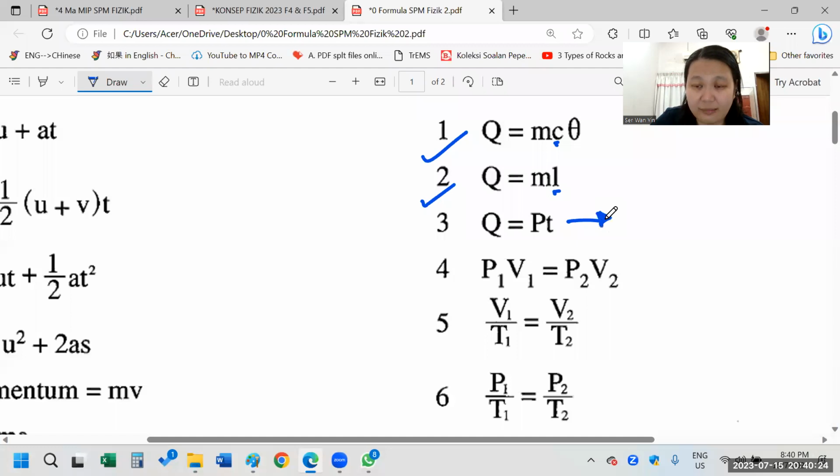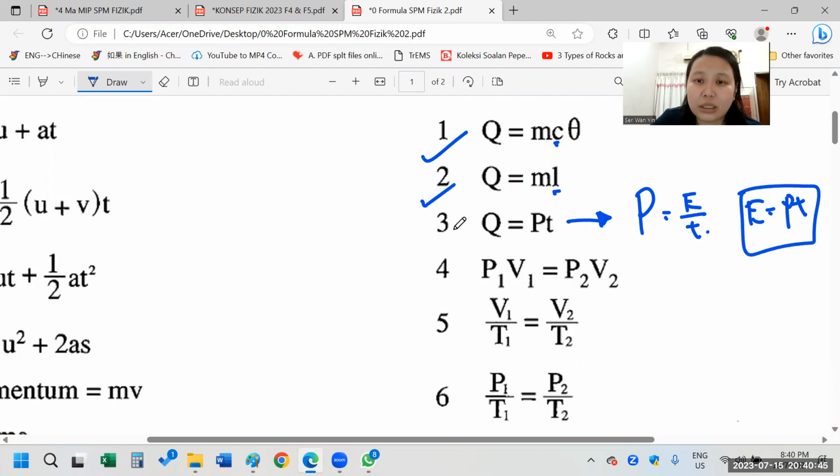Actually, this has come from last year. Now, from Form 3, we learn power equals energy over time. So E equals Pt. Heat energy equals P times t.